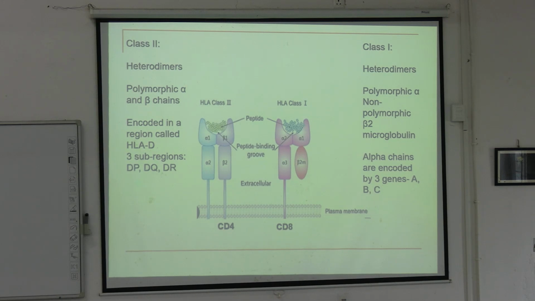The proteins which bind to MHC class 2 will only be recognized by CD4 plus T cells, and these CD4 plus T cells are known as helper T cells. As I told you all, MHC class 2 has a special encoding region called HLA-D, which is subdivided into HLA-DP, DQ and DR.